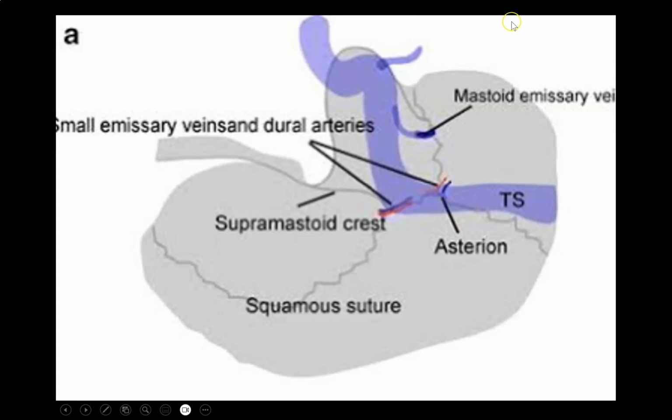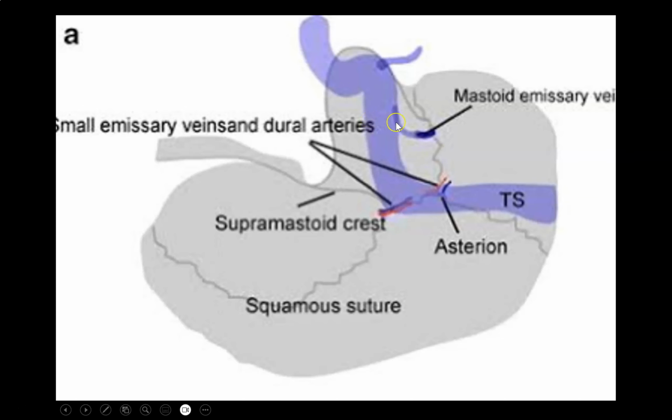One of the signs when you do a lateral cerebellopontine angle approach, you localize the transverse sinus, as we said, at the supramastoid crest, and you line from it to the inion, and you find laterally some emissary veins in the bone. This is a sign that you are reaching almost the sigmoid.